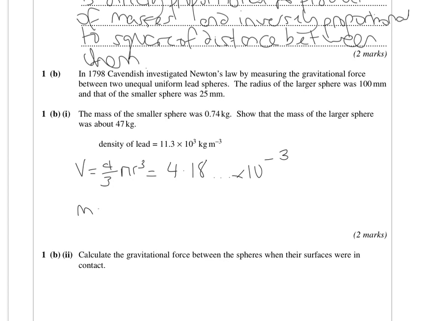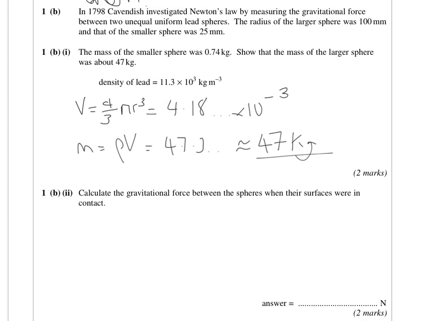So the mass is the density times V. We're going to times that by 11.3 times 10 to the power of 3, which comes out at 47.3, which is approximately 47 kilograms, giving it to two significant figures.